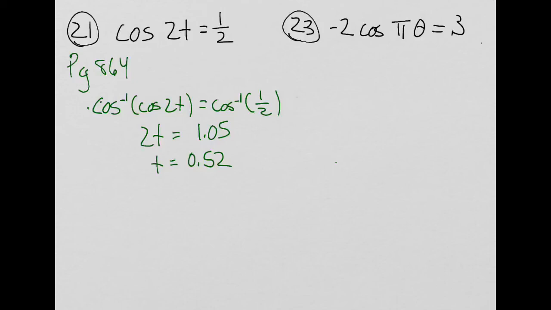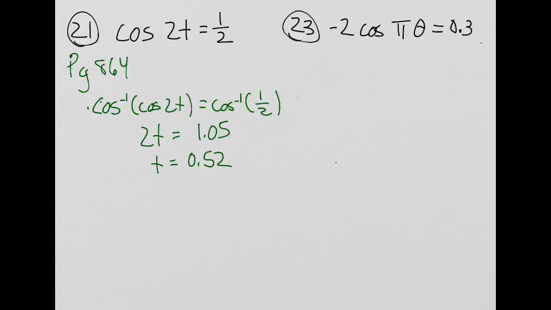Okay. One more example. So now I've got negative 2 cosine of pi theta is equal to 0.3. I'll clean that up a bit. That's number 23. Again, we have to solve for theta. Theta is the variable in this case.